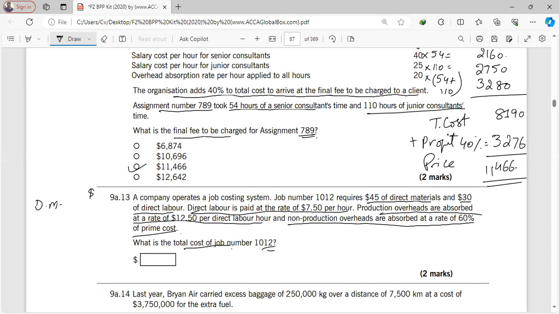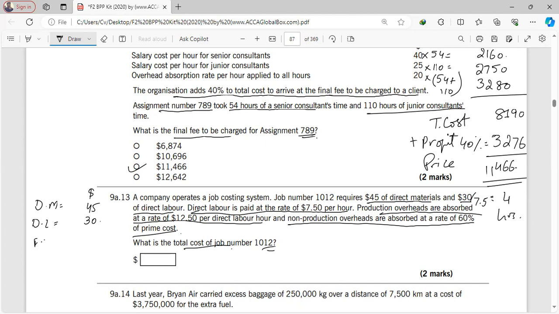Direct material 45, direct labor 30. Production overheads are absorbed at a rate of 12.5 per hour, and we are not provided with the hours, but we can calculate them. Direct labor cost is 30 and the direct labor rate per hour is 7.5. So 30 divided by 7.5 gives 4 hours.